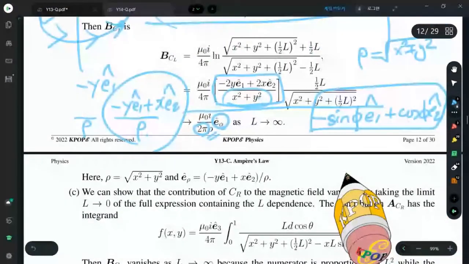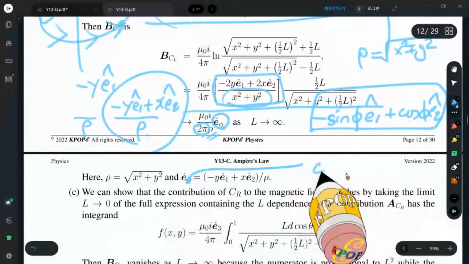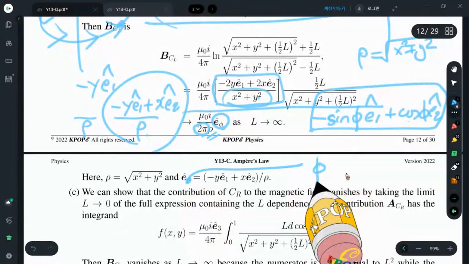There is a mistake in here. It should be phi.